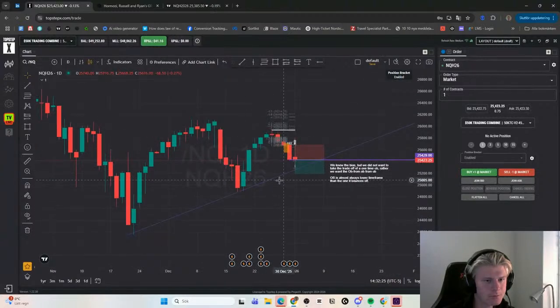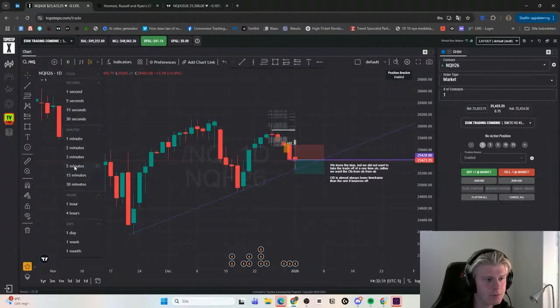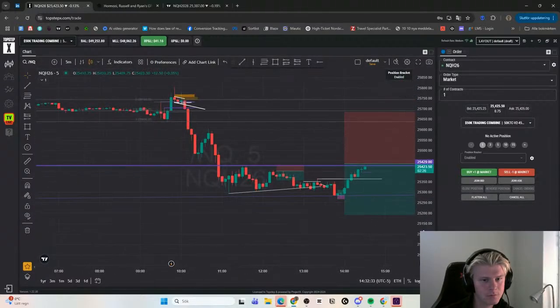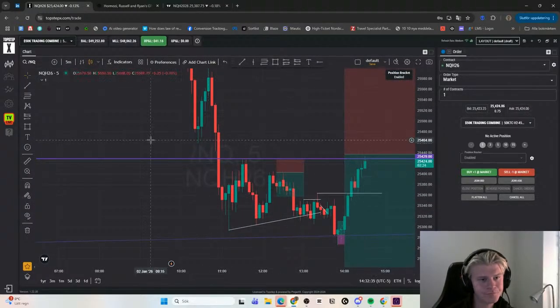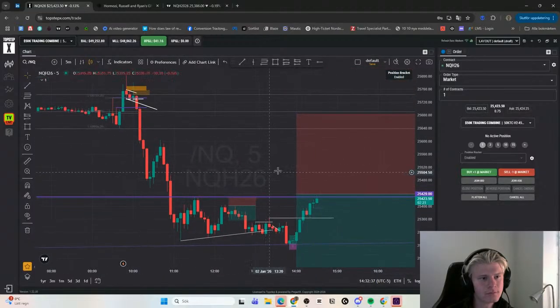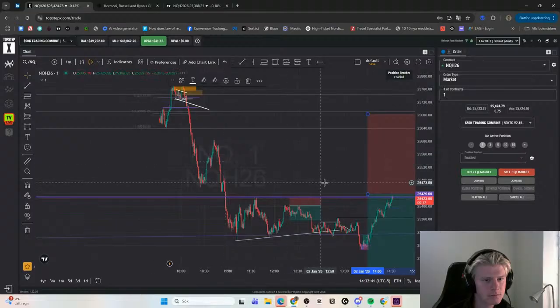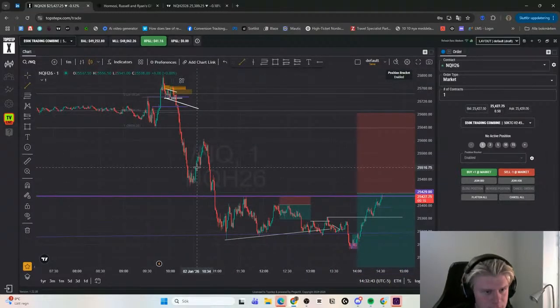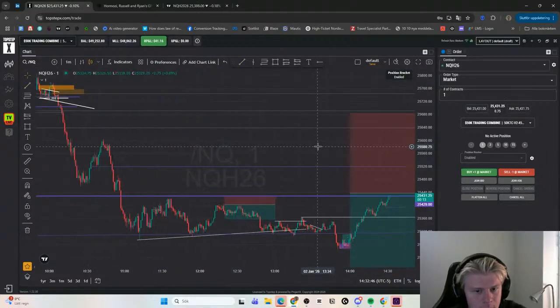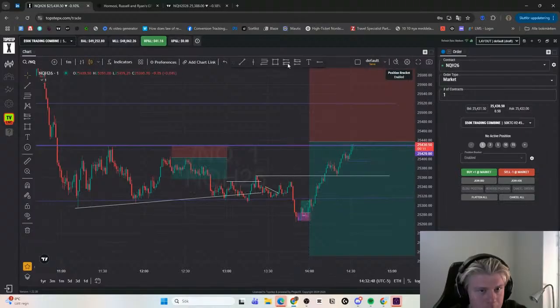We ought to want to sweep this all the way down there. Should be the draw. One minute order blocks up there, that'd be ideal.